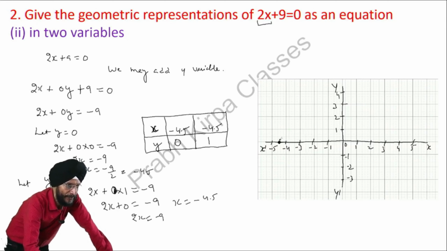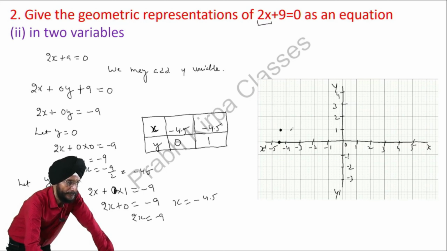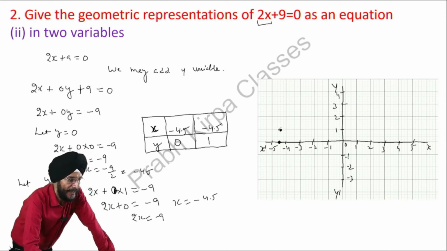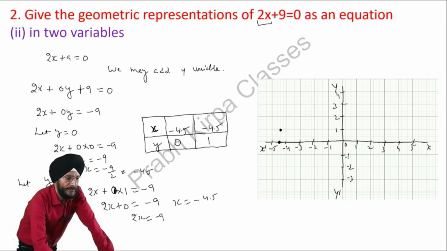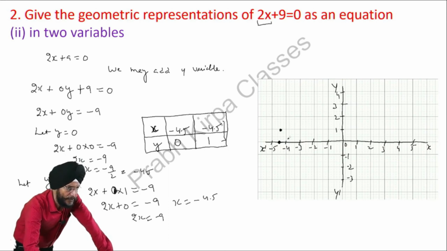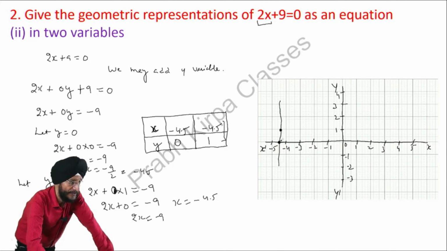So here the point comes somewhere here, where x and y fulfill this situation. x is minus 4.5 and y is 1. So here we will join these 2 points and it will be just like this, a straight line.